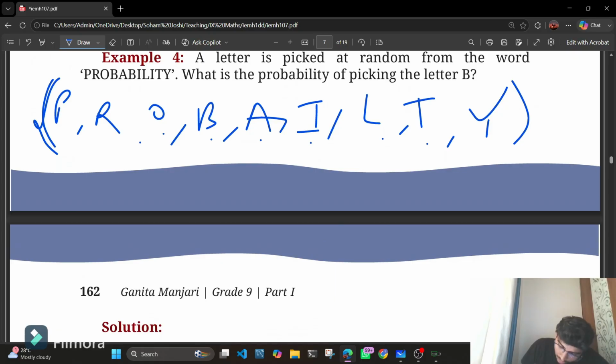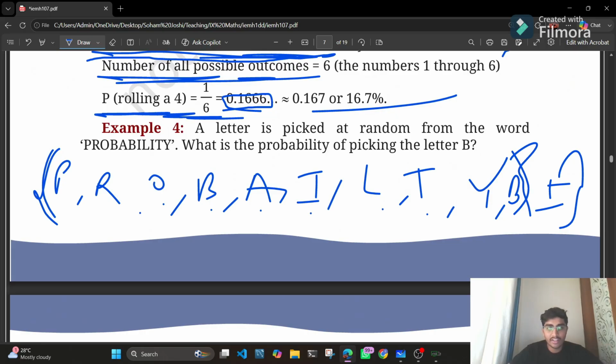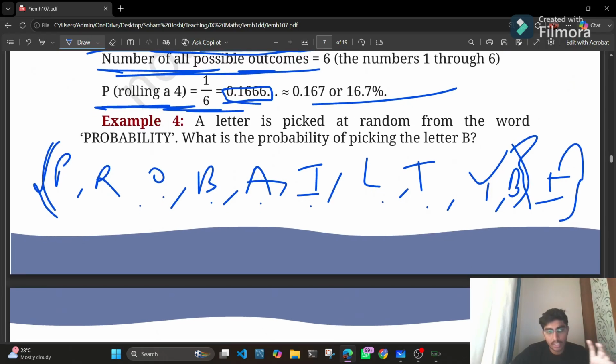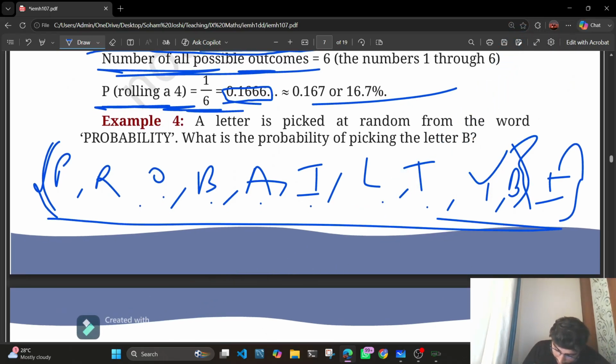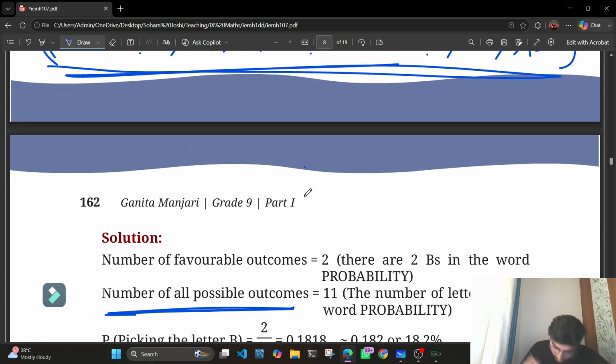Oh, right. So we have I and B twice, right? Now, if I have picked up a letter, I could get any of these letters. So the number of possible outcomes is equal to 11.